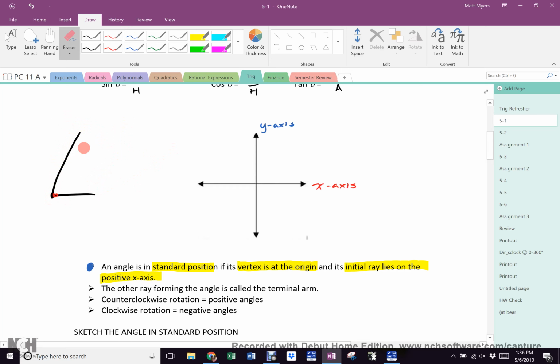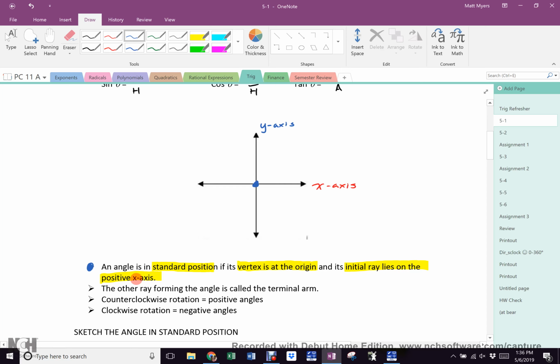The corner. So, an angle is in standard position if its vertex lies at the origin. Where is the origin? Right there. So if I ever have an angle that has its corner there, that's the first thing that's important. What's next? Its initial ray lies on the positive x-axis.